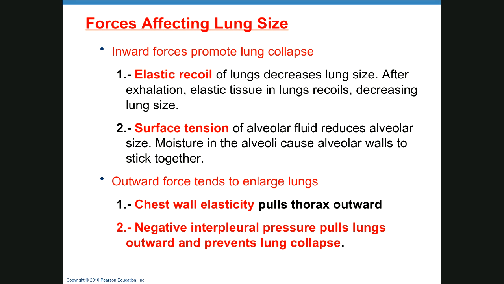So the two forces that are pulling the lungs to collapse are the elastic recoil and the surface tension. The surface tension, we take care of it with surfactant. The elastic recoil is going to be taken care of with negative pressure from the pleura.